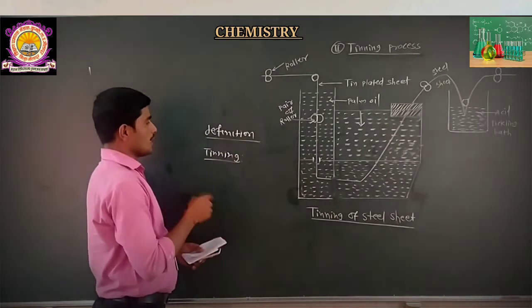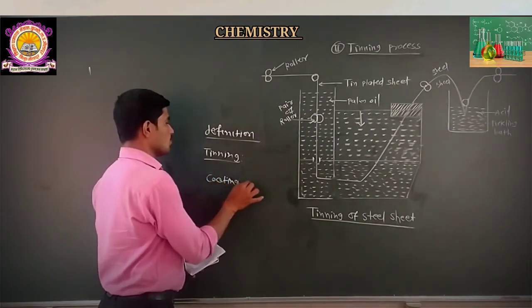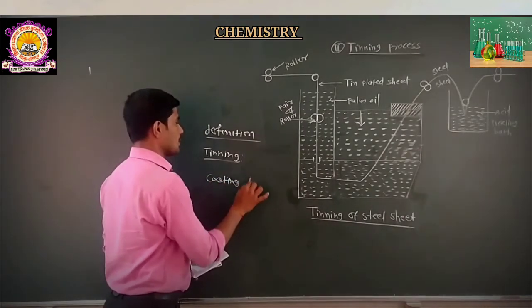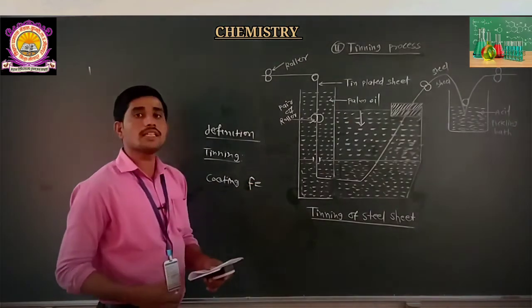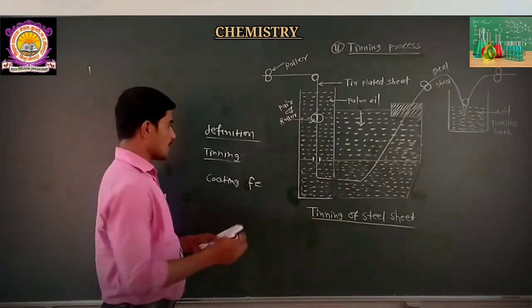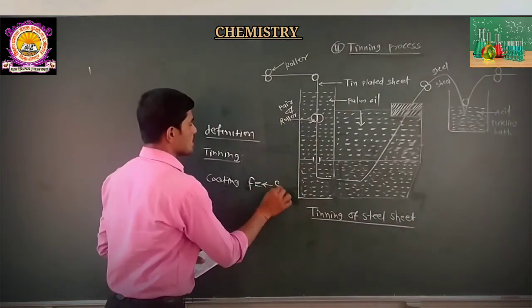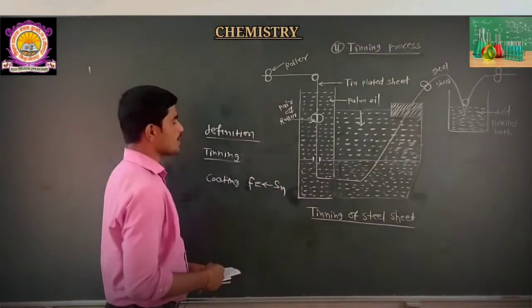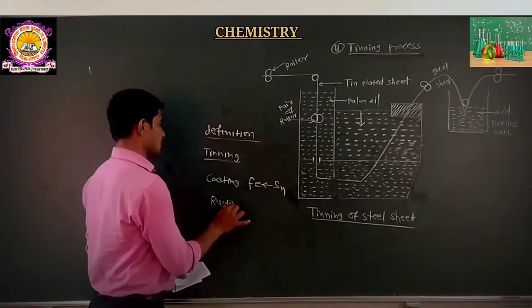The tinning process is a process of coating of Fe, iron or steel with a thin coat of tin, that is Sn, to prevent them from the process of rusting.